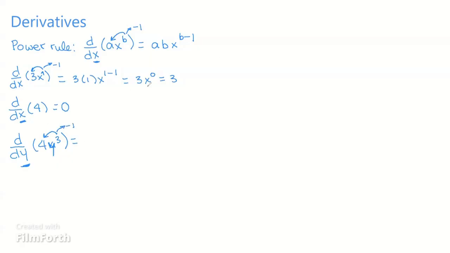So I'm just going to make it clear that this is a y here, in case that's a little bit confusing. For 4 y cubed, so 4 times 3 times y to the power of 3 minus 1. 4 times 3 is 12, and then y, 3 minus 1 is 2. So that is your answer there.